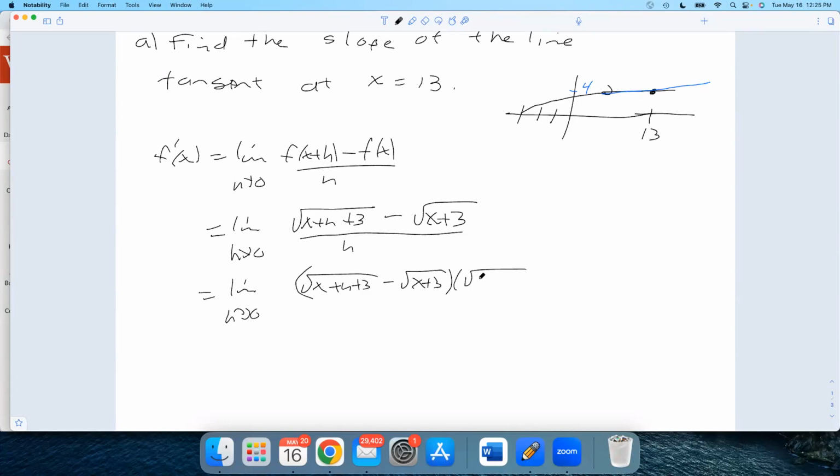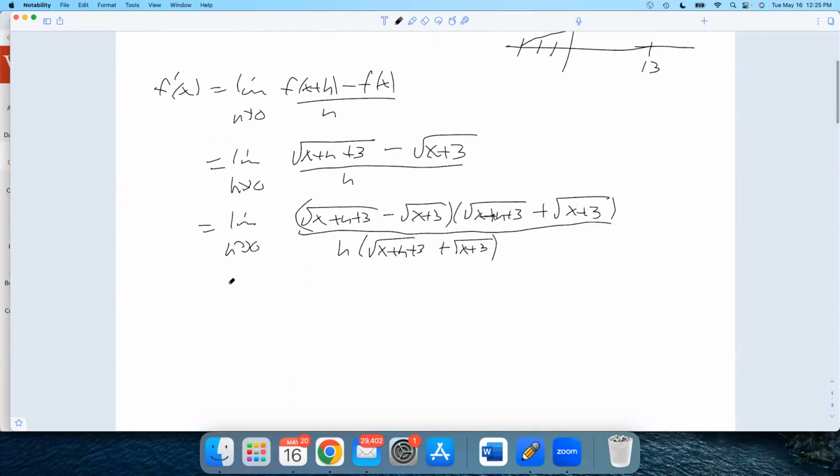Because it's a minus, I'm going to change that to a plus. And I have to do that top and bottom. Otherwise, I'd be changing the problem. It's a root x plus h plus 3 plus root x plus 3.